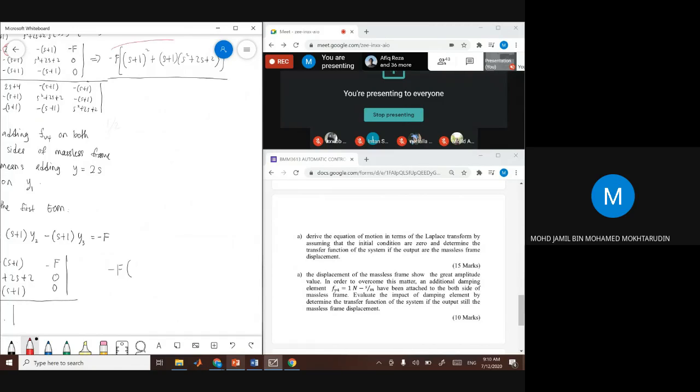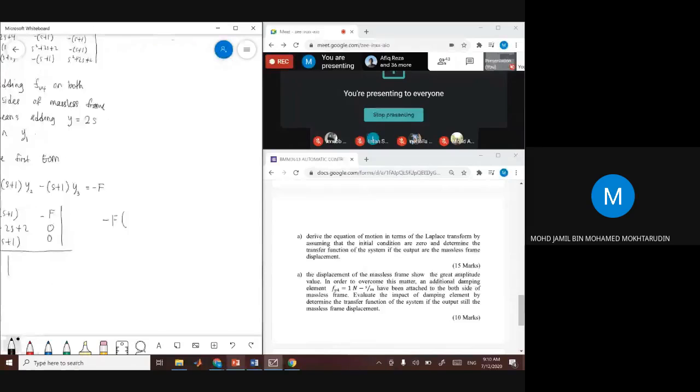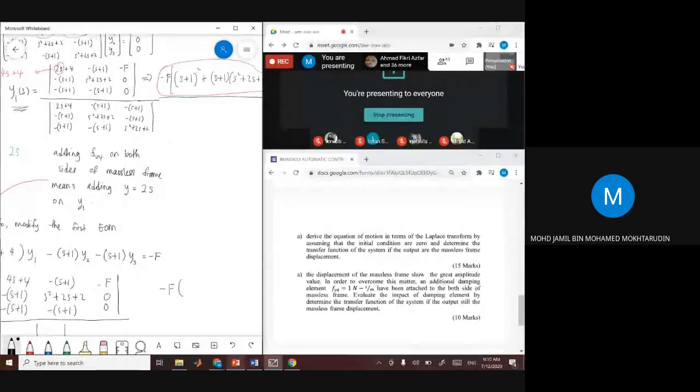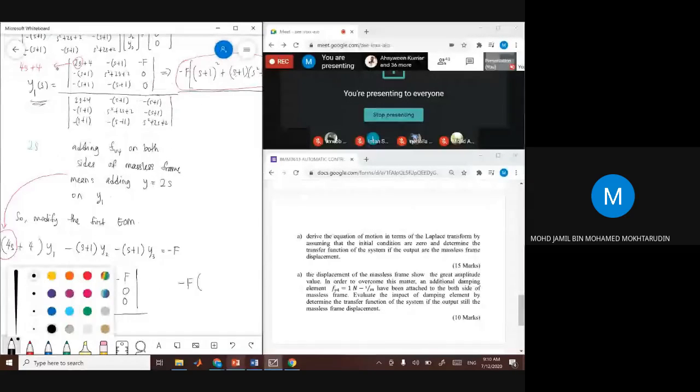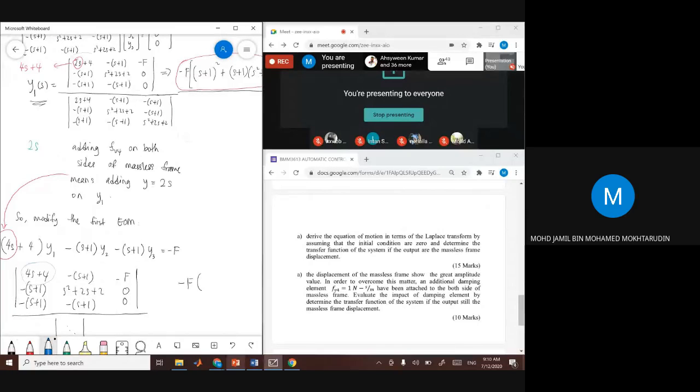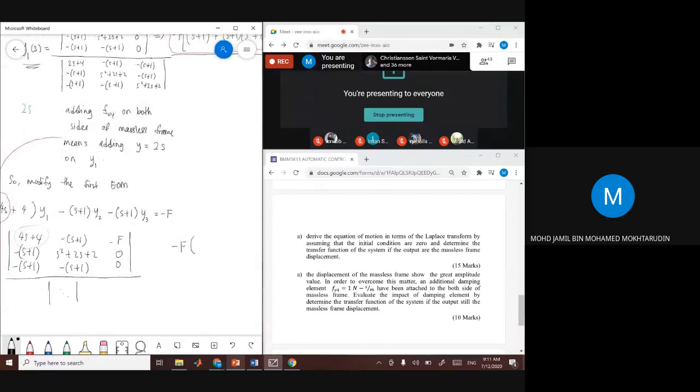Okay, it will stay the same because the position of 4s plus 4 is here, and 2s plus 4 is here, meaning that when you simplify the numerator determinant, it doesn't affect the numerator, but it will affect the denominator, because in the denominator, you have 4s 2s plus 4 here, but on the second question you have 4s plus 4 instead.